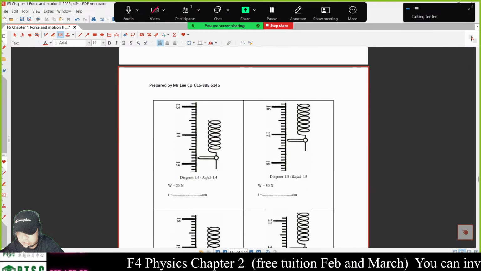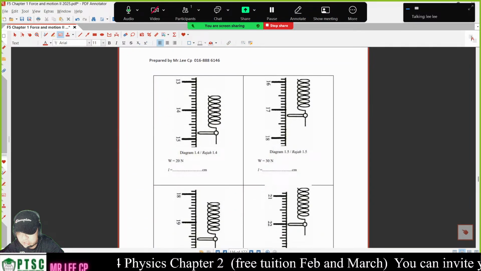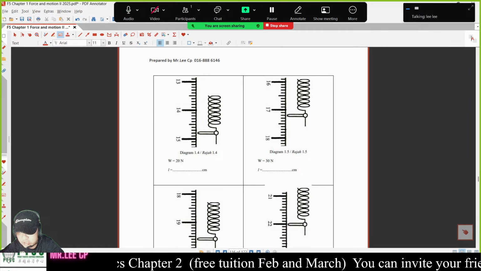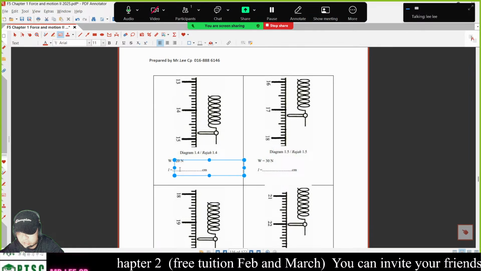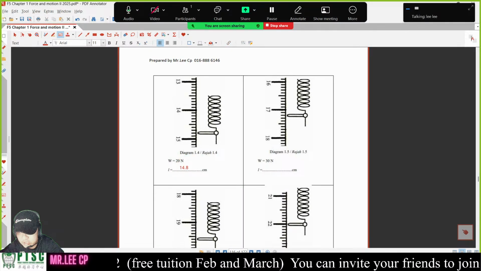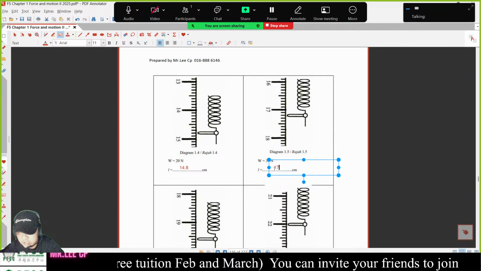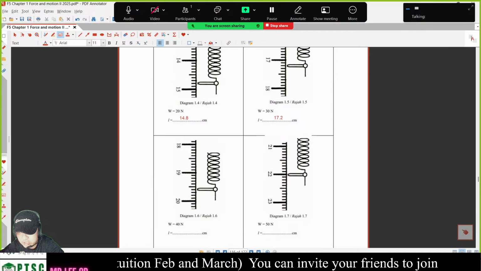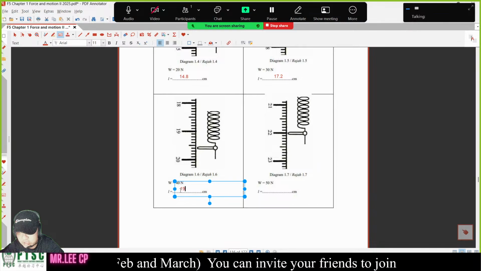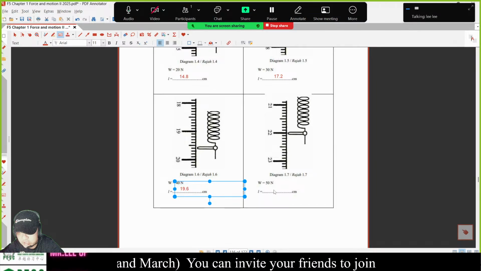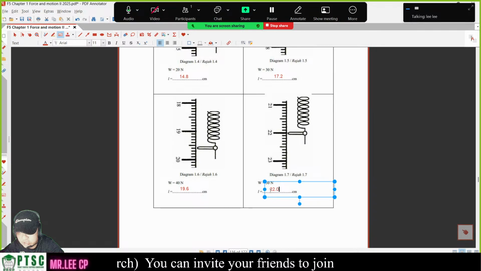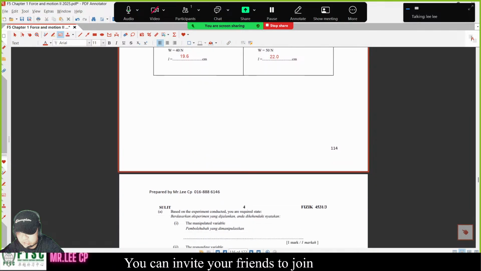And then so on, like you hang 20 and it becomes 14.8. Then 17.2, and then 19.6, and then 22.0. You cannot write 22, you have to write 22.0. Okay, this is what we have.